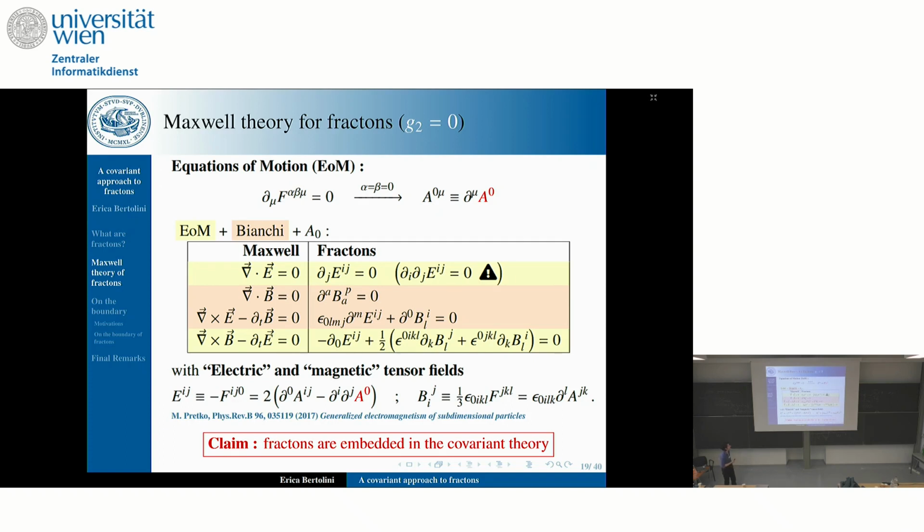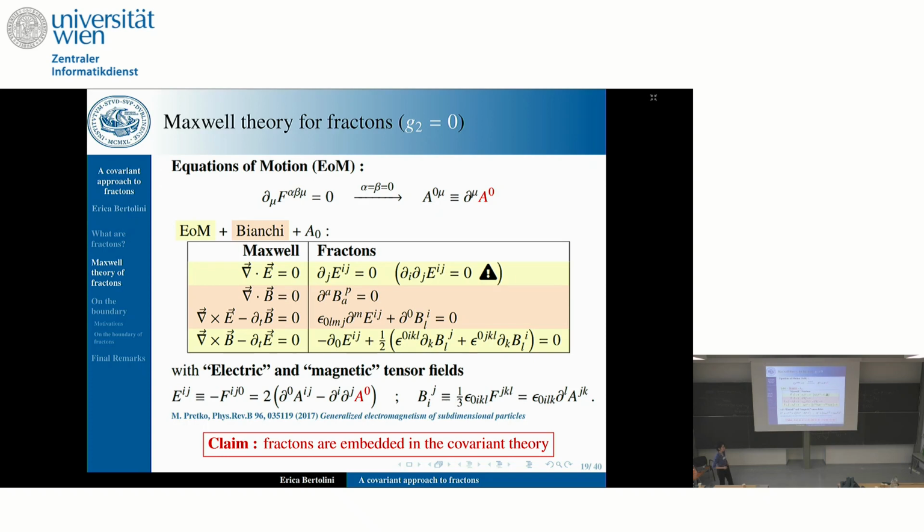These also coincide exactly with the equations of the literature for fractons, for the scalar charge theory of fractons, where the electric and magnetic tensor fields are defined like that and are exactly like a higher rank Maxwell related to the fracton field strength. So it seems that in this covariant theory, the fracton theory of Bertolini is embedded in the covariant model through this particular solution.